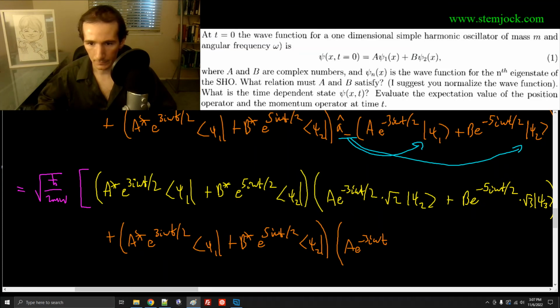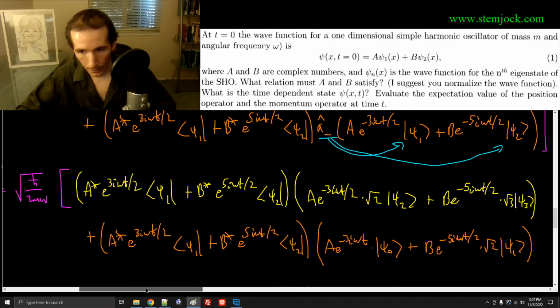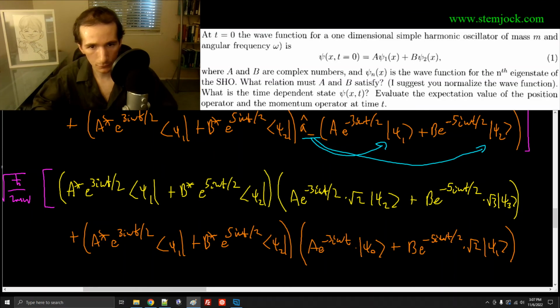This will result in square root 1, which is just 1, and then times the next lowest eigenstate, which is ket psi 0. This is the ground state of the harmonic oscillator. And now plus b e to the minus 5I omega t over 2. A minus applied to ket psi 2 will give me square root 2 times the next lowest eigenstate, which is ket psi 1. And close square bracket.